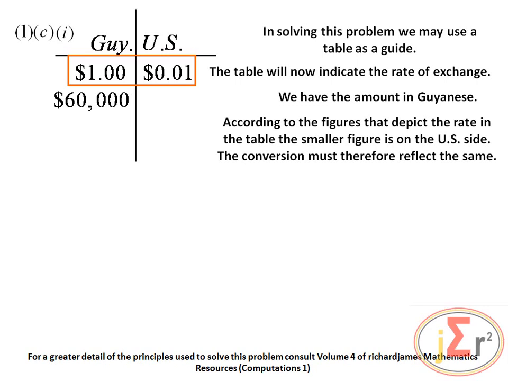Therefore, if we are going to convert from 60,000 Guyanese dollars to US dollars, we realize that the figure that we are going to get on the US side must be less. So we multiply 60,000 by 0.01 and the result is $600.